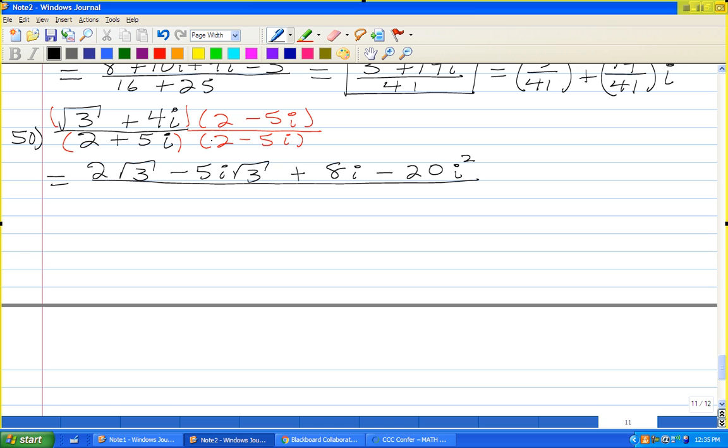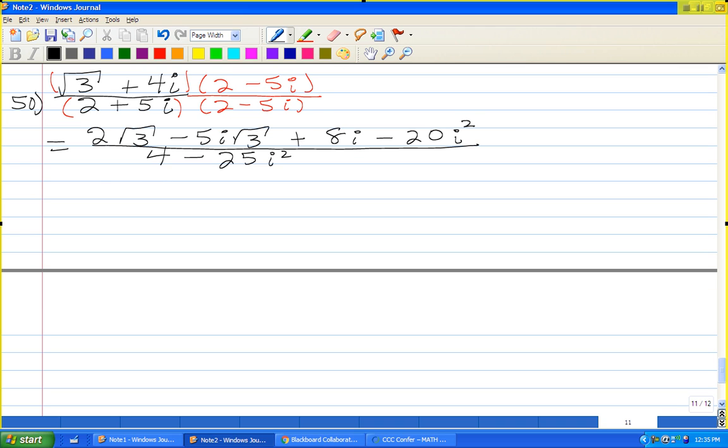Again, using the special product formula, the product of the sum and difference of two terms is the difference of their squares. 2 times 2 is 4. 5i times negative 5i is a negative 25i squared.